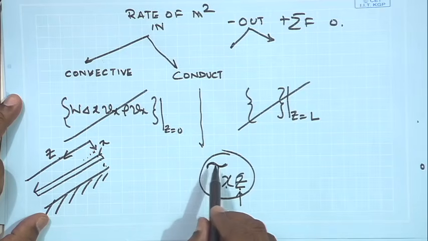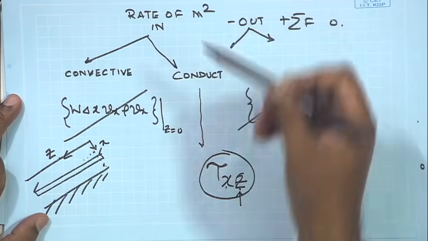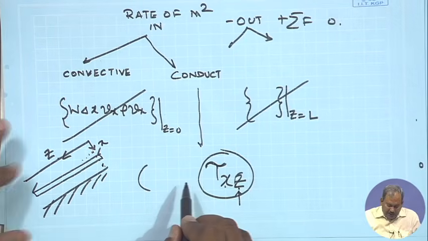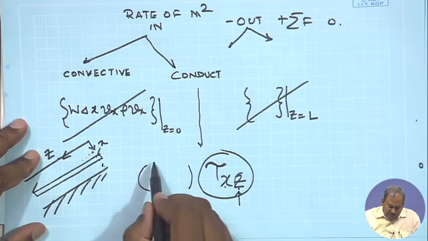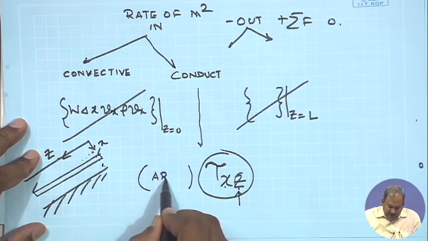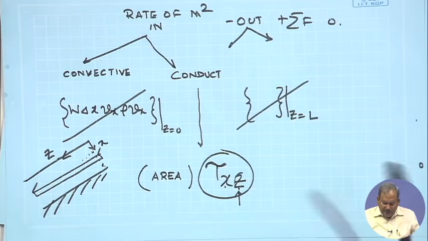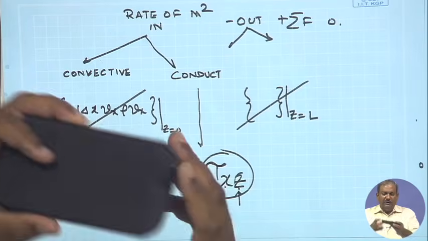So, in order to obtain the rate of momentum in, I must multiply it with some area, the area on which this shear stress is acting. So, what is the area on which the shear stress is acting? Let us think of this again. It is this area on which the shear stress is acting, and this is the area on which shear stress is acting.